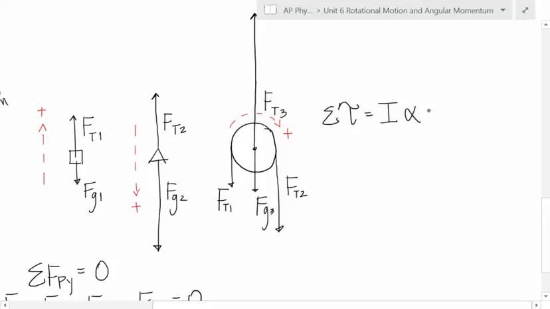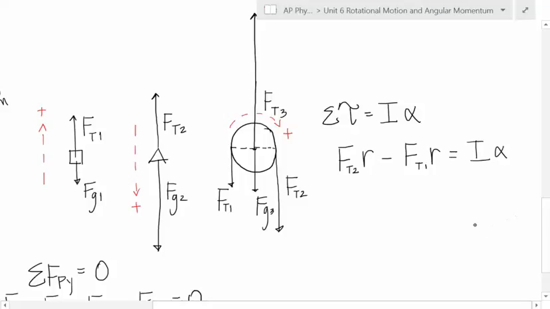So there's an alpha. Ft2 is applied at a distance r, and Ft1 is also applied at a distance r, and both of those are perpendicular. We don't have to find a component. Aren't those both perpendicular to the radius? Like a teeter-totter? Awesome. So then that would equal I times alpha.